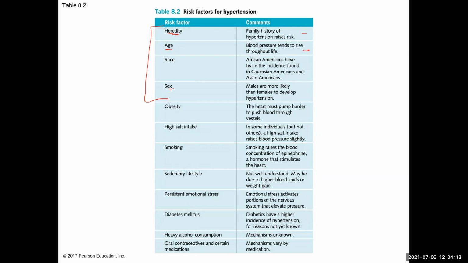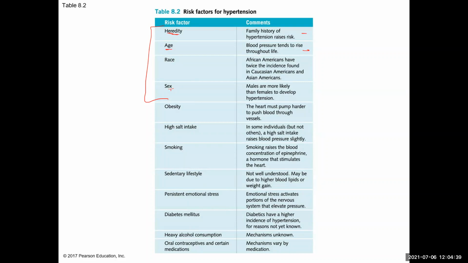Race: some races have a higher risk of high blood pressure. For example, African Americans have 2 times the risk versus, say, Caucasians or Asian Americans. You could look this up and see the actual risk factors for high blood pressure as a result of race.